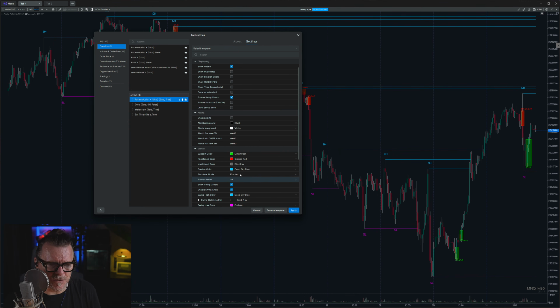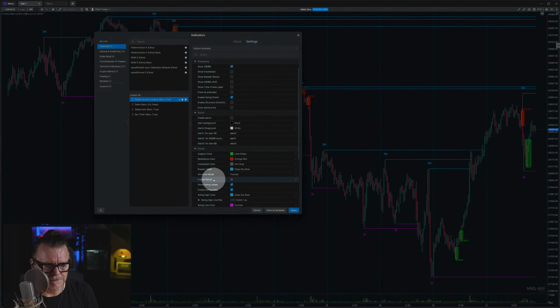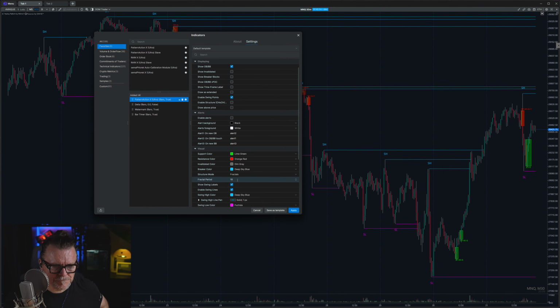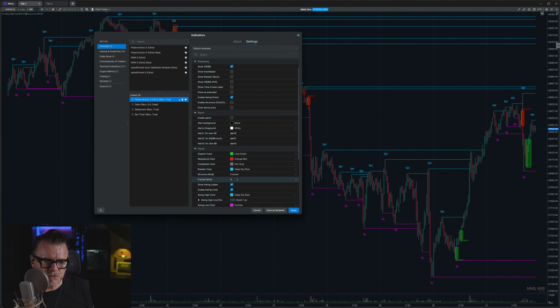So it's okay to use fractals here, but imagine the other indicators that rely on the period number. Because you start changing the value and the number of the order blocks and breaker blocks start changing too.